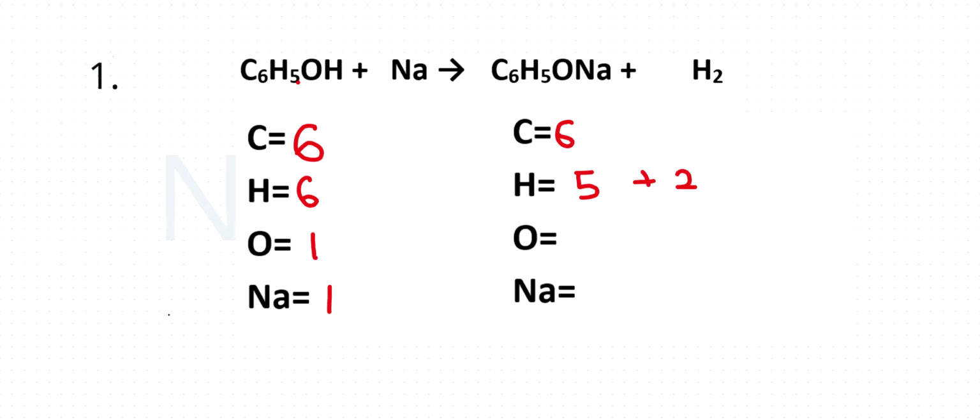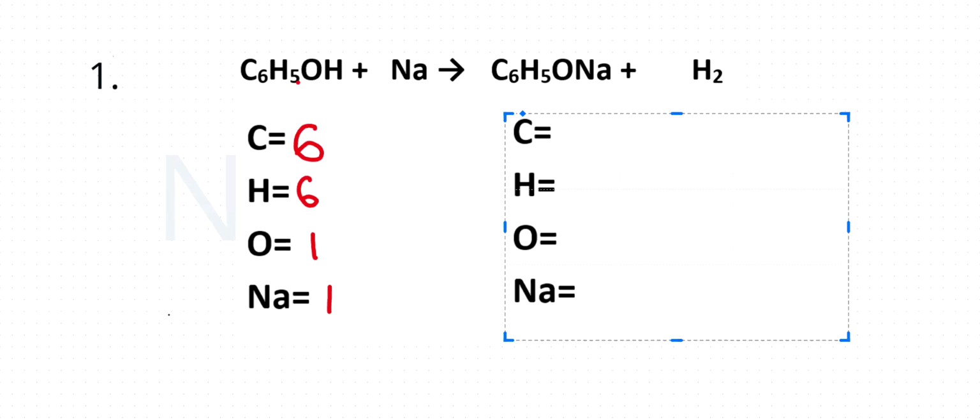Then now, what about for oxygen? For oxygen atom there, I have 1 atom of oxygen there, and I'm going to put that here. Same thing for the sodium too.